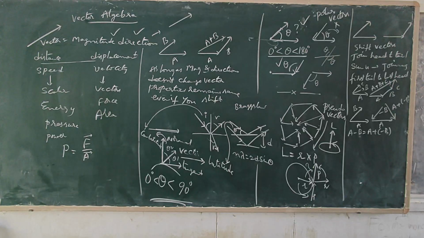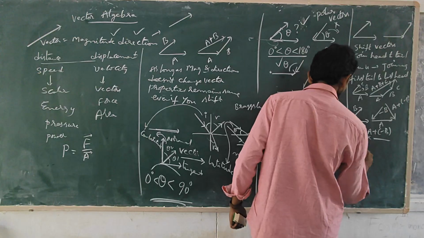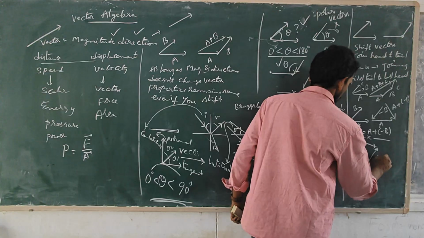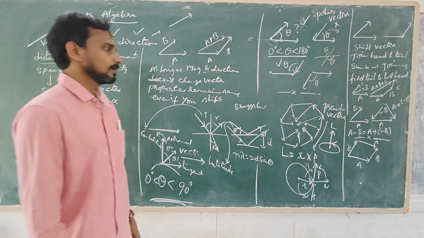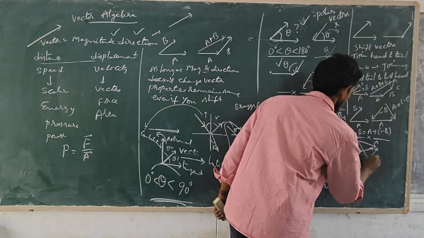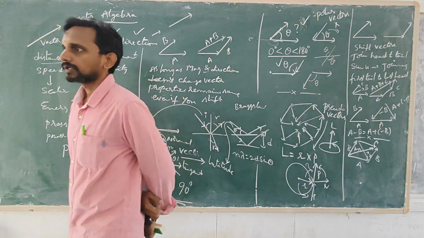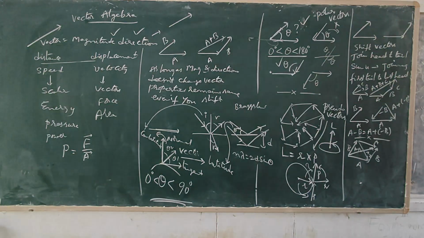So the same thing you can calculate from the parallelogram law. What does the parallelogram law say? When you have 2 vectors, construct a parallelogram by drawing parallel lines to both a and b. Then one diagonal will give you a plus b, another diagonal will give you a minus b. So the entire activity is the same, but in the parallelogram law you are calculating both a plus b and a minus b at a time.